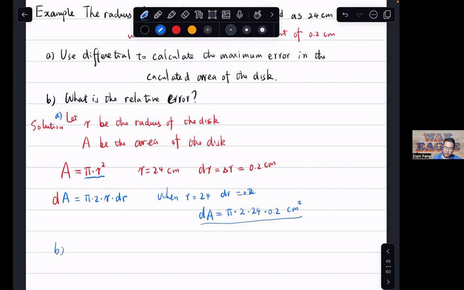And part B, relative error. The actual area is pi times 24 squared.